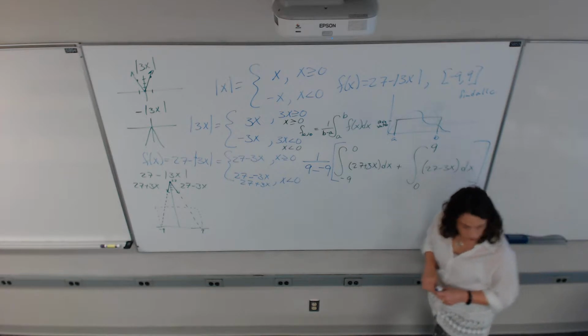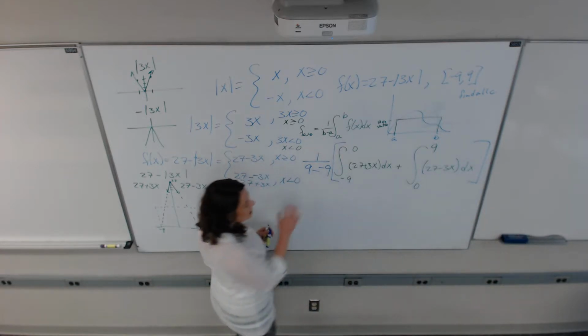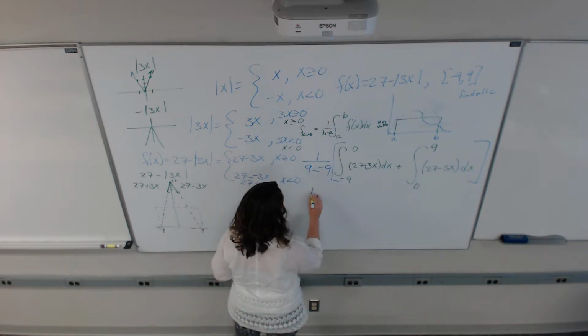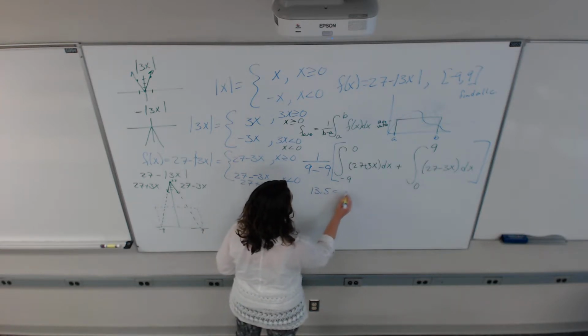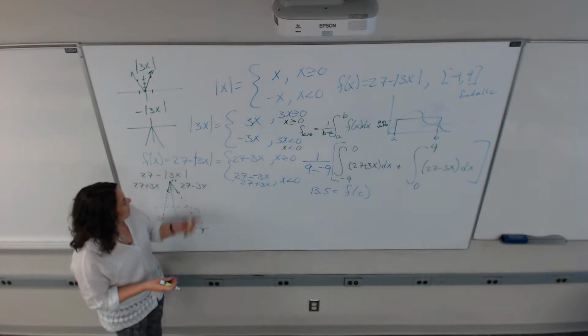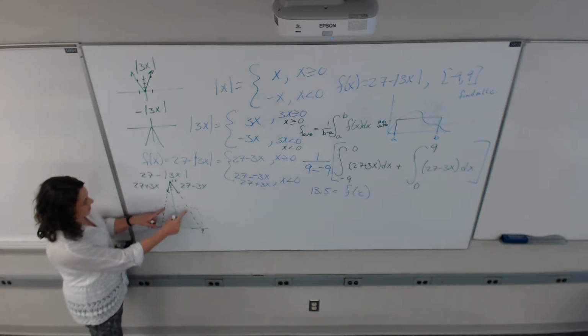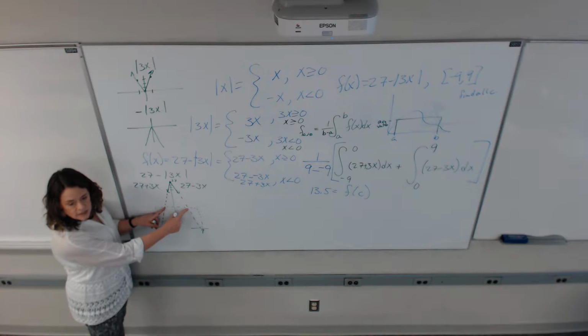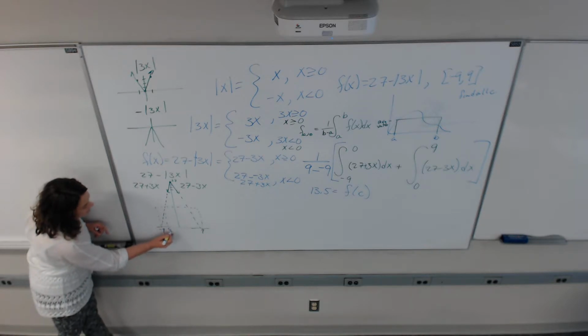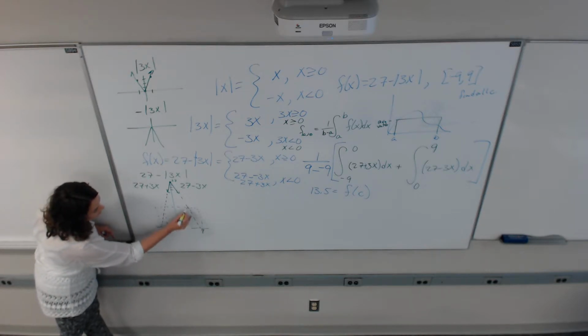And then the next part you would have to do is you take that average value, which I think I said is 13.5. So you've got 13.5, which is f of c. Now you have two sides, which means I probably have two places that have that value. Does everybody see that? Over here, I'm going to have a C1, and here I'm going to have a C2.